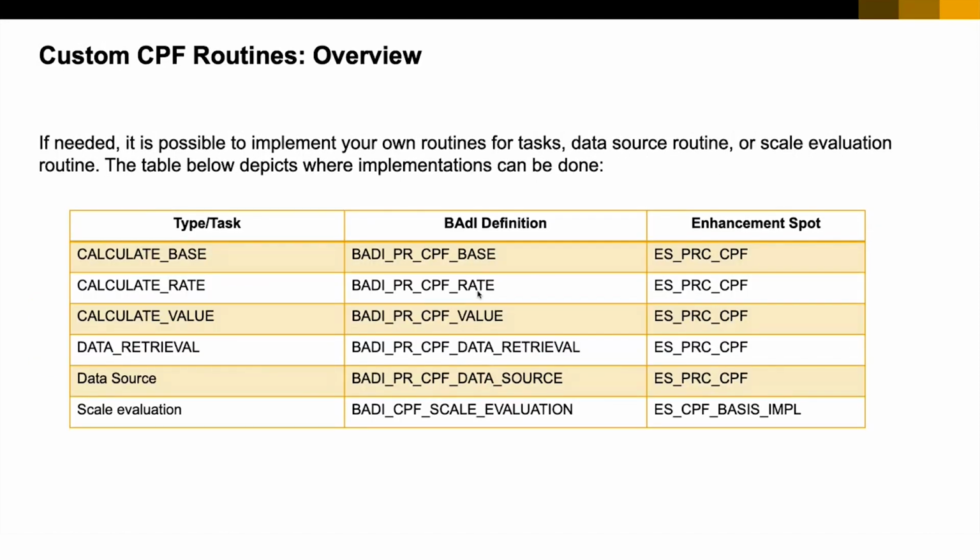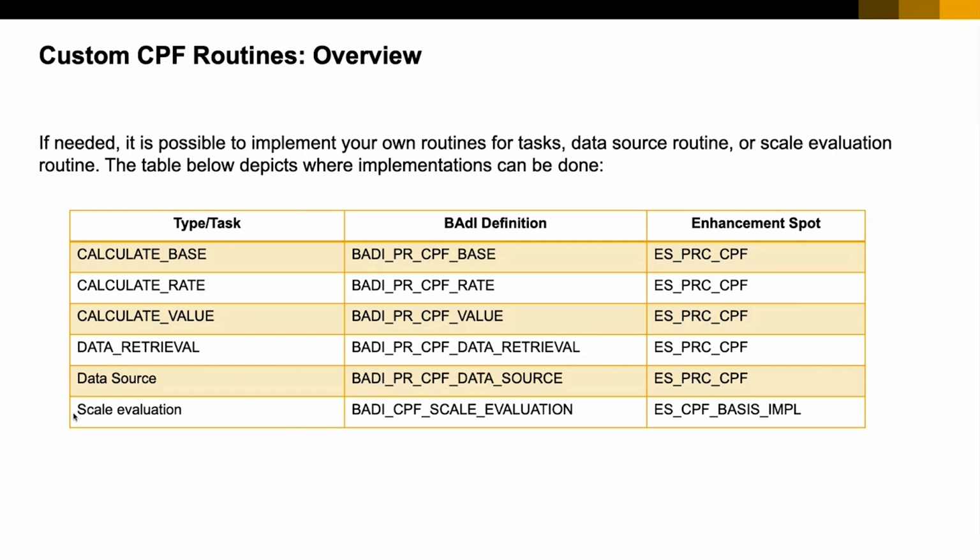So these are the BAdIs which you have right now, as we were explaining before. These are the standard delivered task types. But if you have different scenarios which are slightly complex and you need to add more calculation rates or bases, then these are the BAdIs and enhancement spots you can use and apply your own logic in the evaluation of the formula.